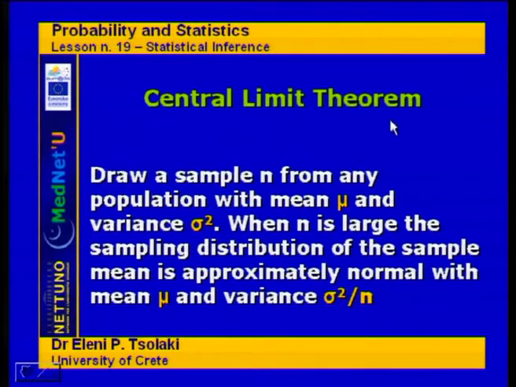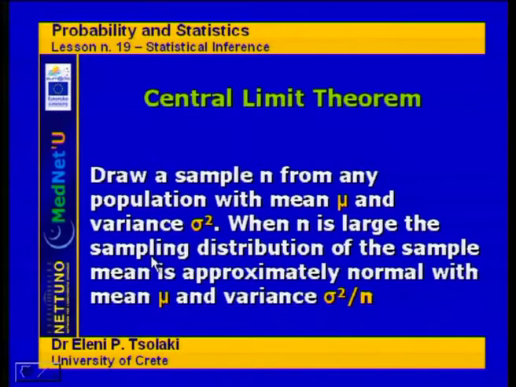And this theorem tells us that if we draw a sample n from any population with mean mu and variance sigma squared, if n is large, the sampling distribution of the sample mean is approximately normal with mean mu and variance sigma squared over n.